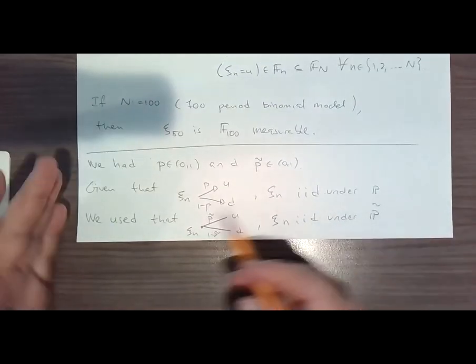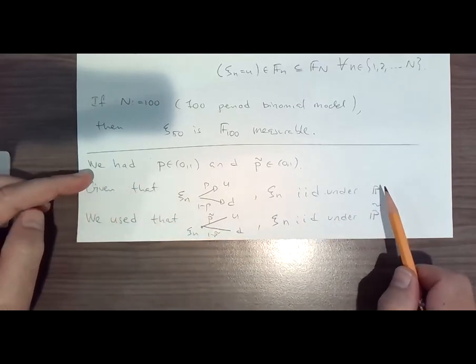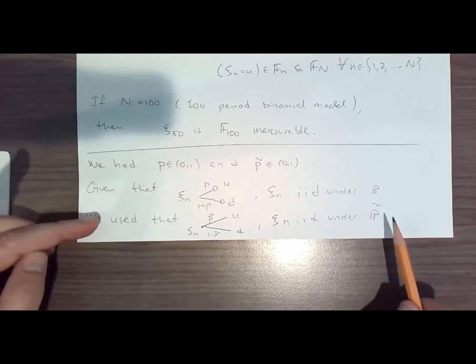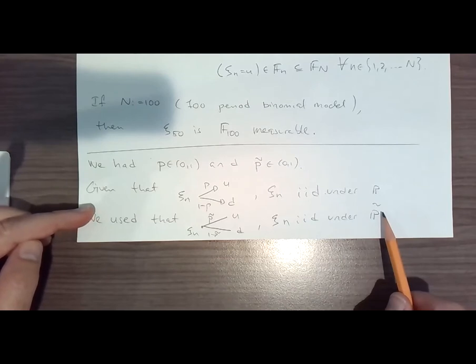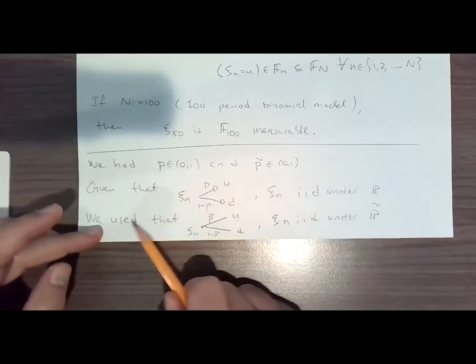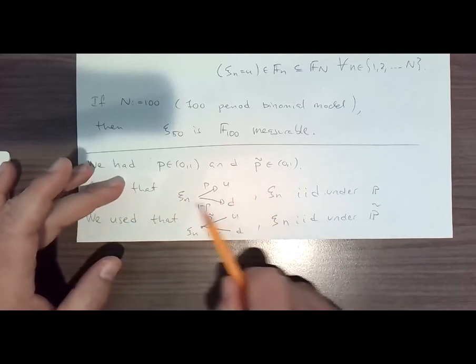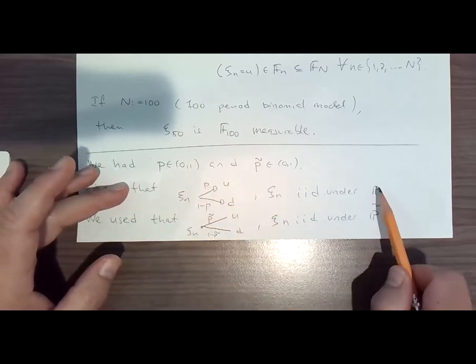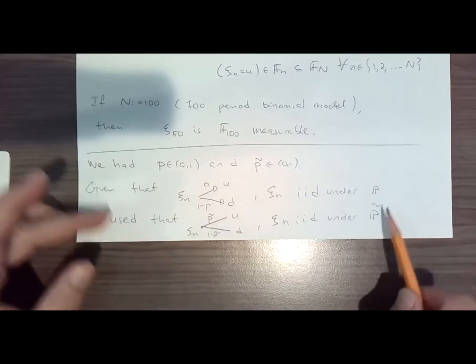So one thing that is missing here is that we were given a certain structure under P. How come we are allowed to use these properties, which were given to us under P, under P tilde? There seems to be a mismatch.